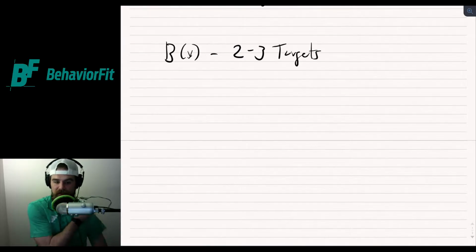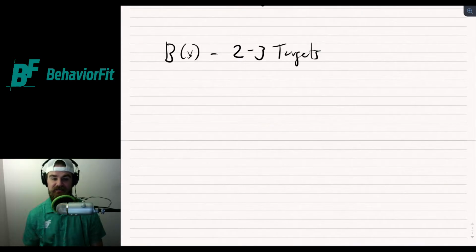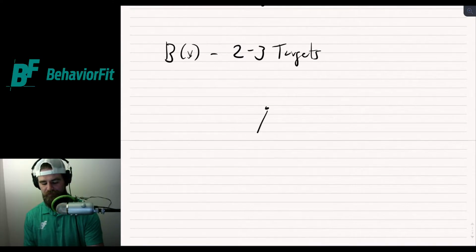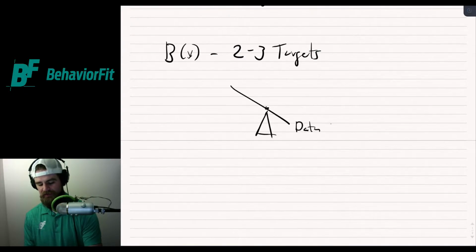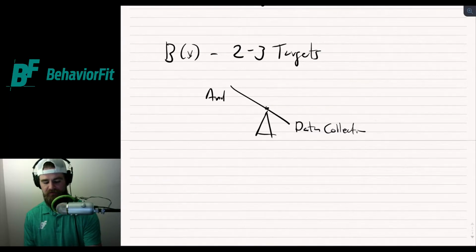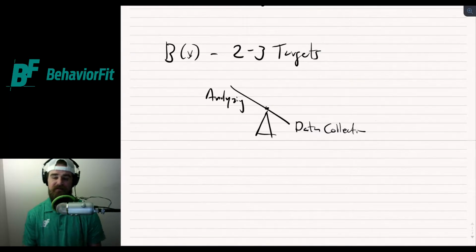Again, we're talking about analysis here, data analysis. We're analyzing a program. So it's that balance of how much time we're spending on data collection, and then how much time we're actually analyzing what's happening. So that's kind of the world we live in now. So I'll touch on that briefly.